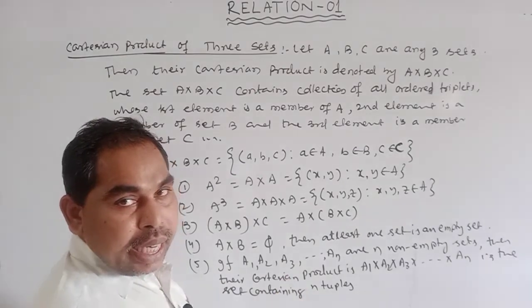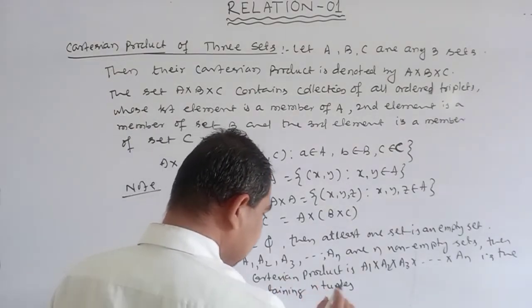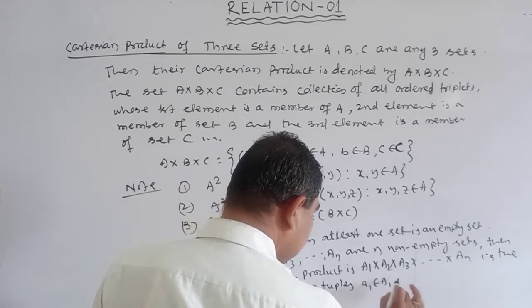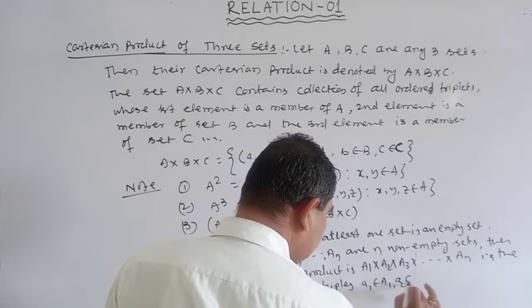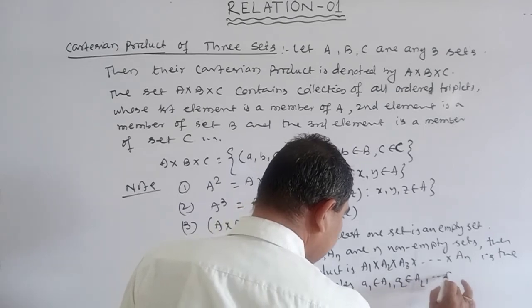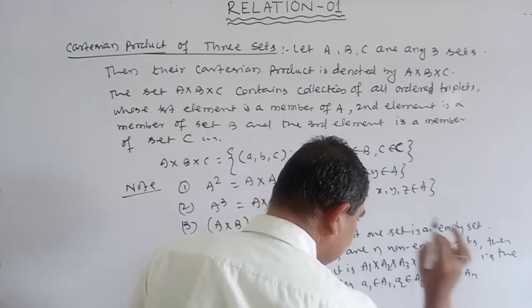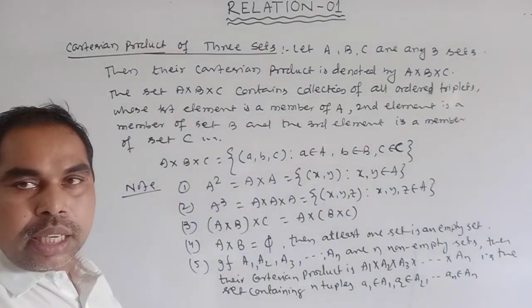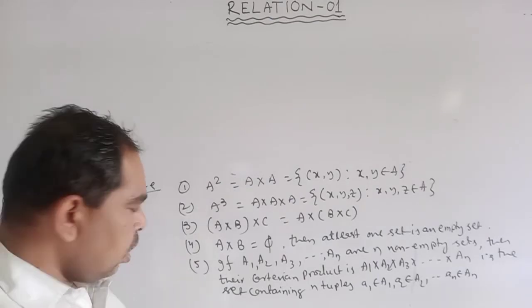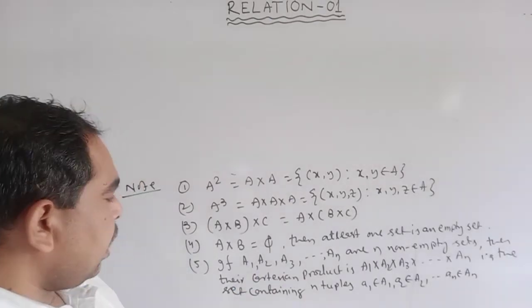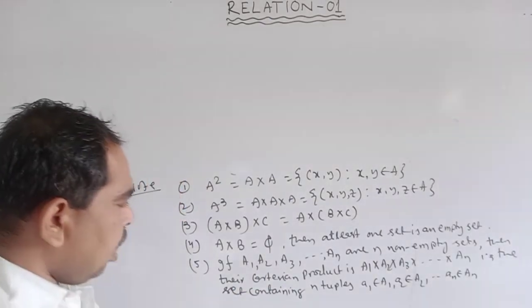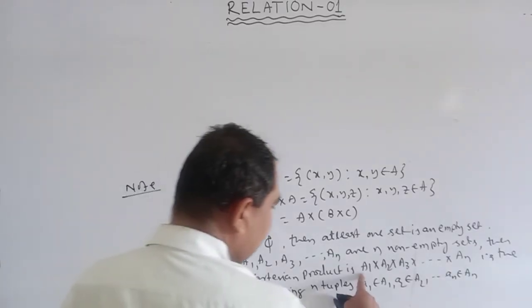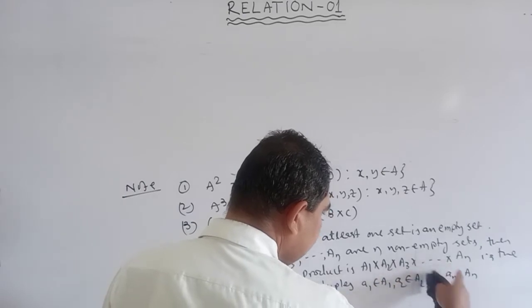Containing n-tuples (a1, a2, ... an) such that a1 belongs to capital A1, a2 belongs to capital A2, up to an belongs to capital An.